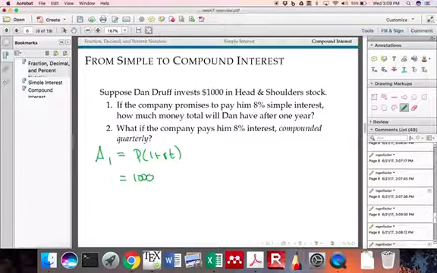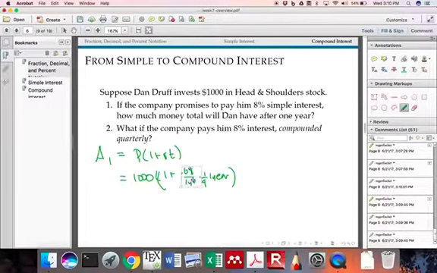So we get 1,000 times (1 plus 0.08 per 1 year times 1/4 of 1 year), because remember we're only going to get this interest rate for the first quarter, so we're not going to get 8%. We're going to get a quarter of 8%.